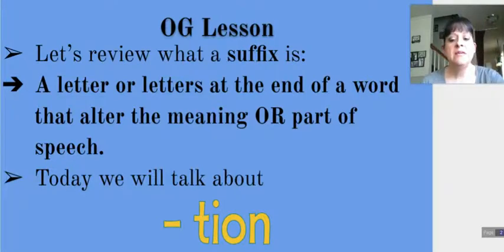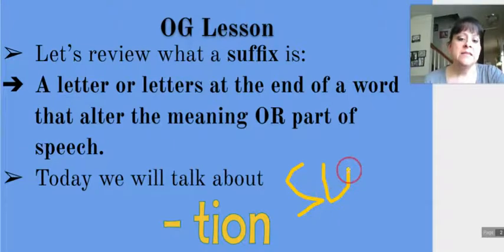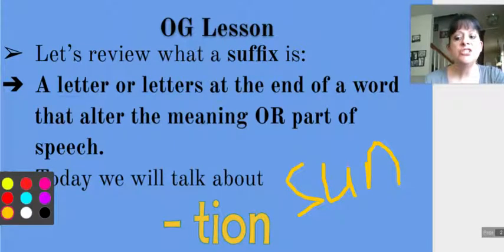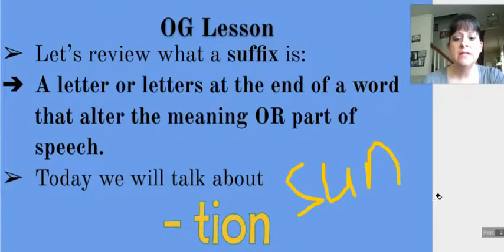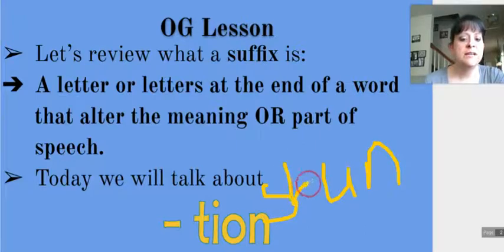So this would be the same as if I were to want to write or say the word sun, right? If I were to say sun, but I'm going to change it and I'm going to say shun.